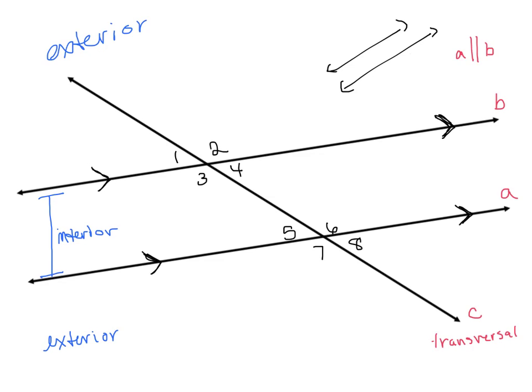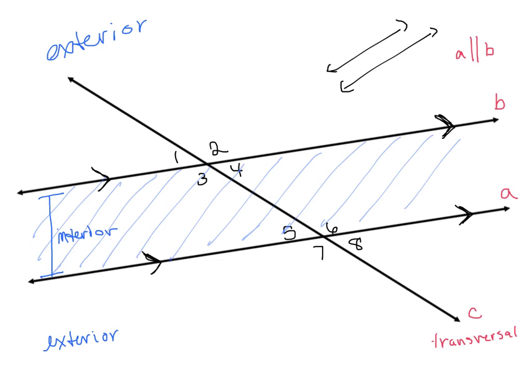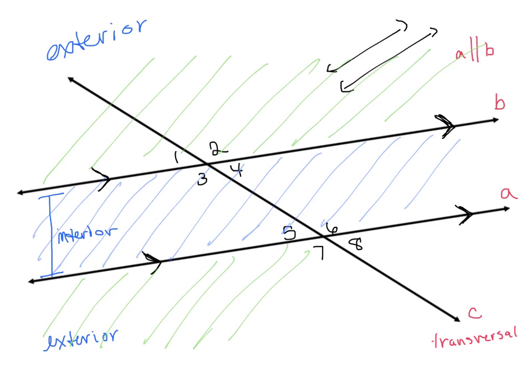If I were you, I would even take a colored pencil or a highlighter and mark everything in the interior, so you know that this is all in the interior and that this was all in the exterior. I'm going to take maybe my green here and mark everything on the outside as part of the exterior. So all of this guy is in the exterior. Again, I don't have colored pencils or a highlighter for this, so this is the best I can do.